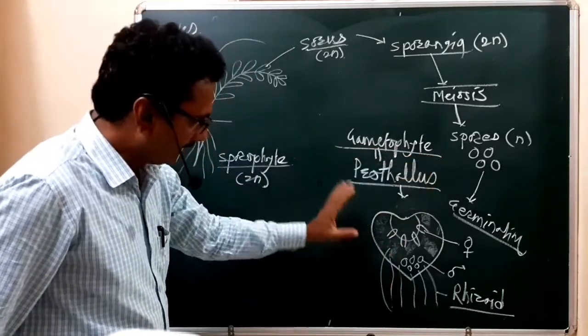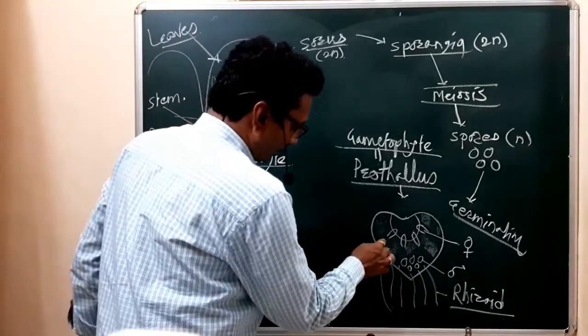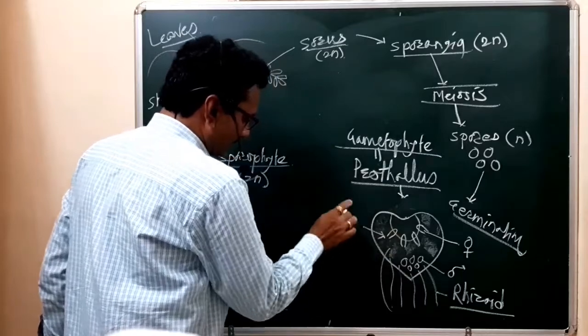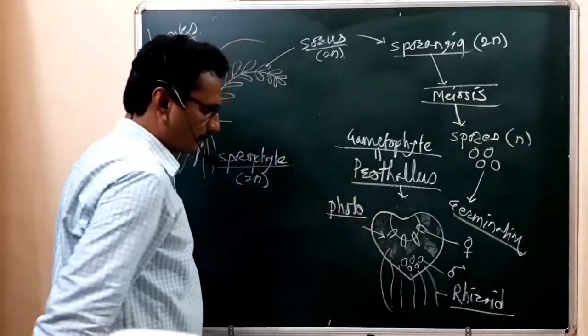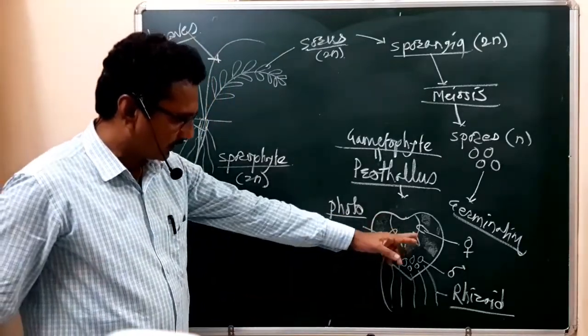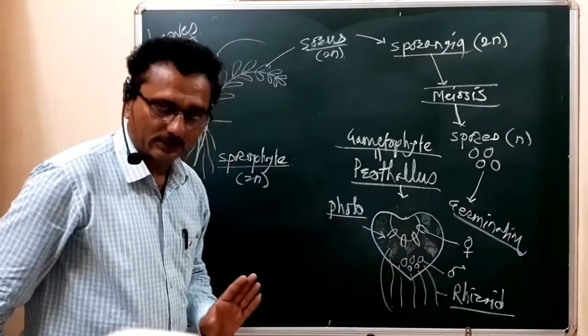It is independent because it has photosynthetic cells, meaning it prepares its own food material, and it bears both the female and male sex organs.